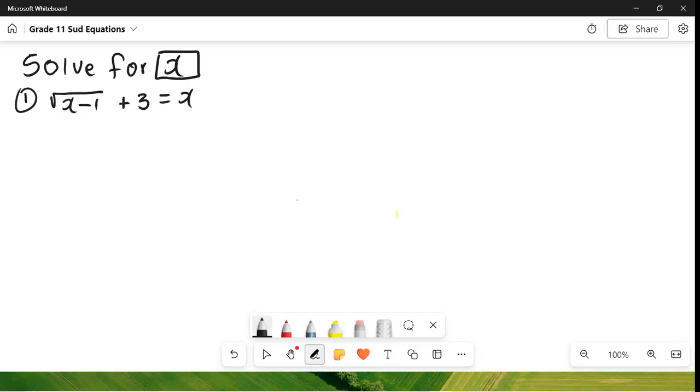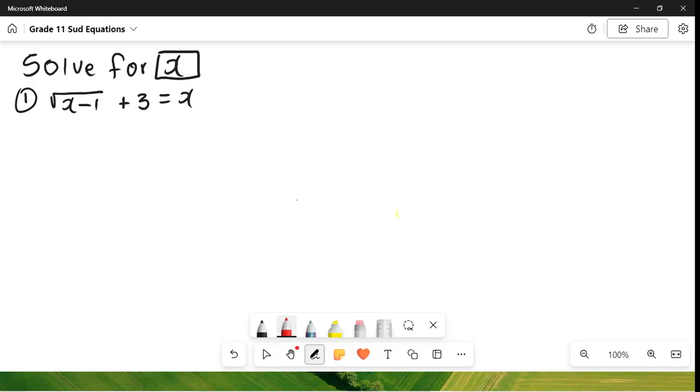But if we were to have something multiplying this square root, for example, if we had 2 square root of x minus 1, because that 2 is one term together with the square root of x minus 1, we would not have to transpose that just anyhow. We would have to think about it and see what we can do with it, because it's not much of a problem being there. It can be worked on so easily.